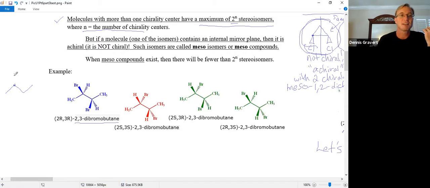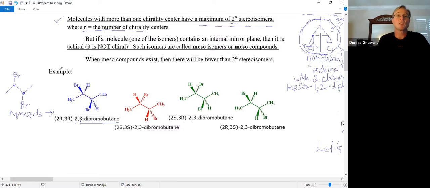I'm going to attach a bromine here. Might as well just do the regular skeletal drawing. And then this carbon is number 3. That's going to get my second bromine. And now here's a skeletal drawing of just 2,3-dibromobutane. But this one drawing represents all of these molecules drawn on the screen.